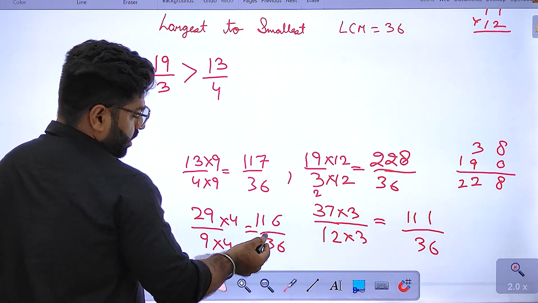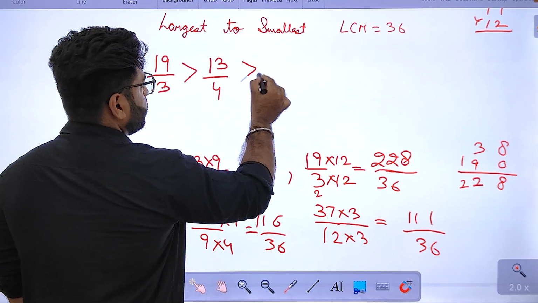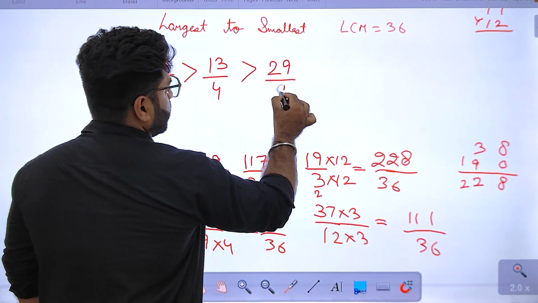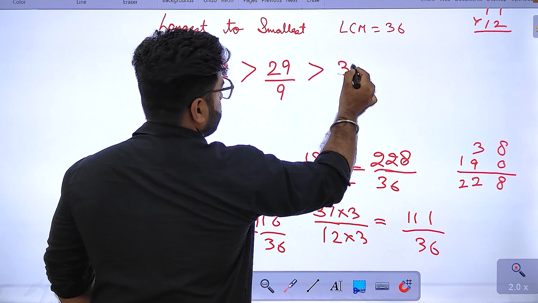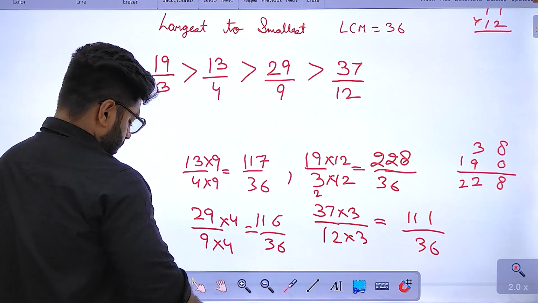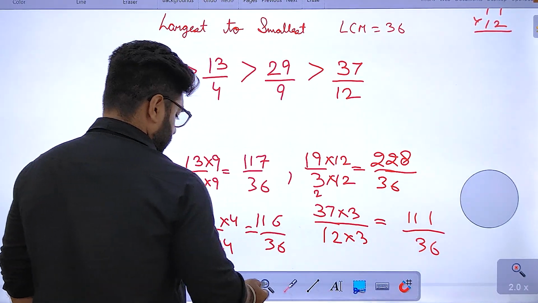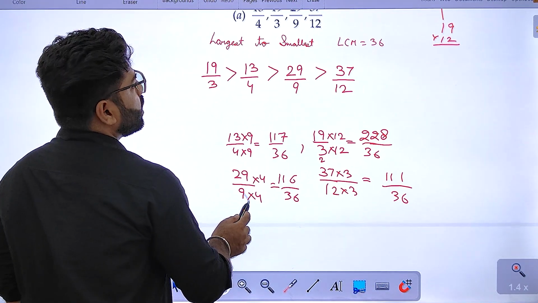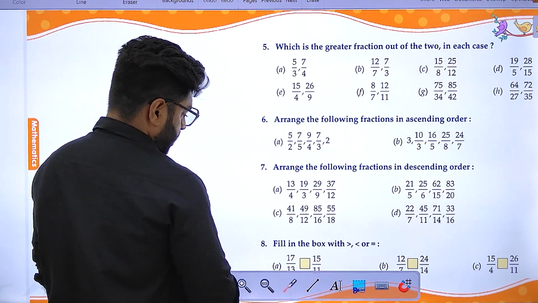After that we have 29 by 9. Then after that we have 37 by 12. Clear? Okay, so this is our decreasing order of fractions.